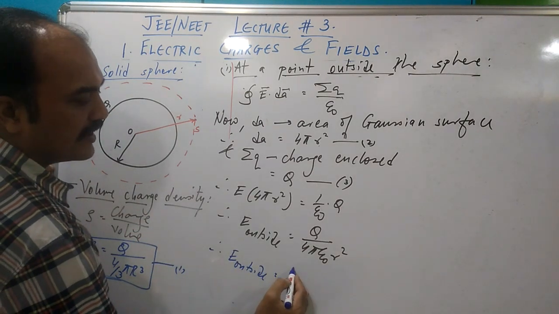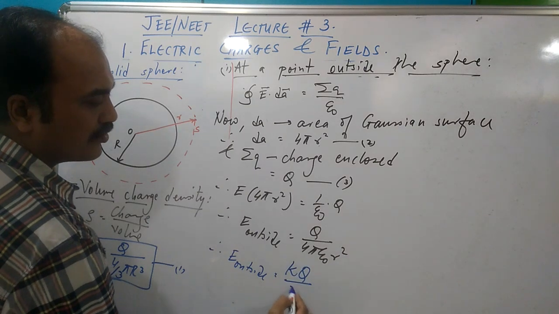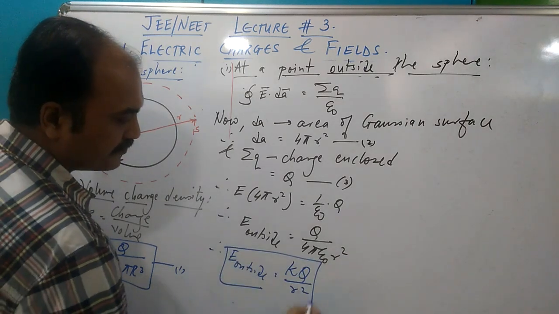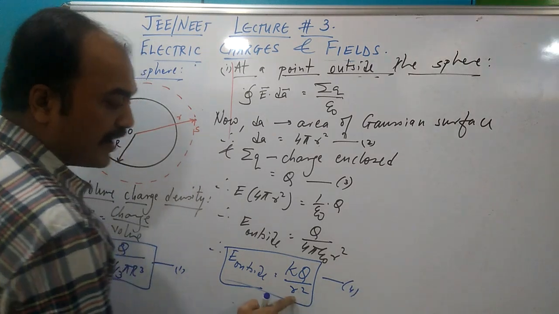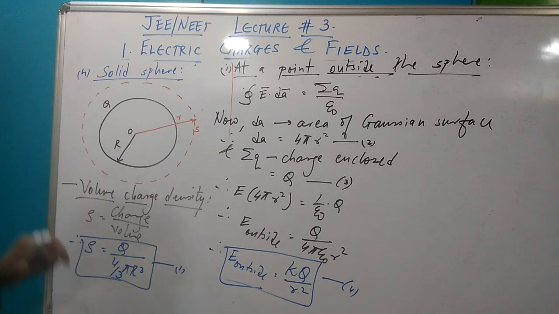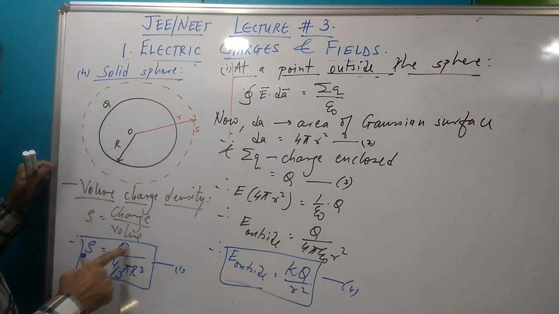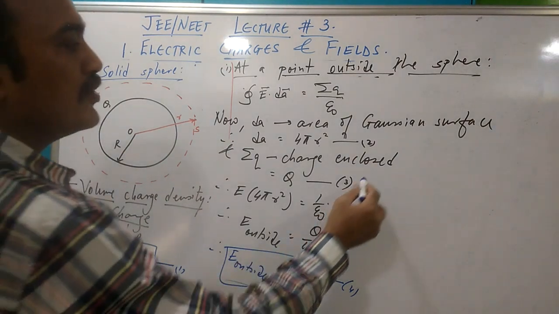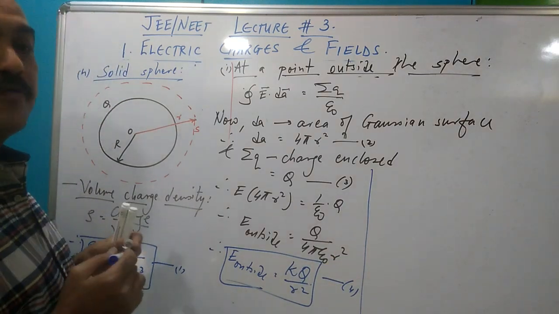E outside is kQ by r square, where r, mind well, is the distance of the point from the center, nothing else. Also, you might put Q as rho into 4 by 3 pi R cube to obtain the equation in form of rho.